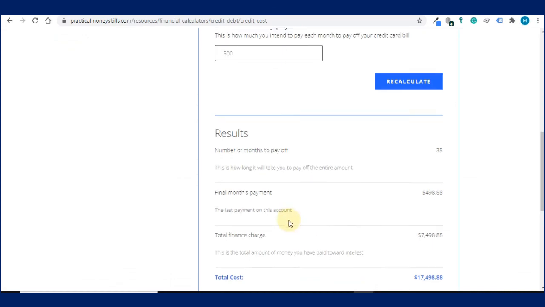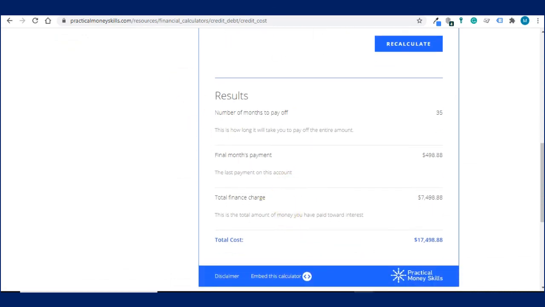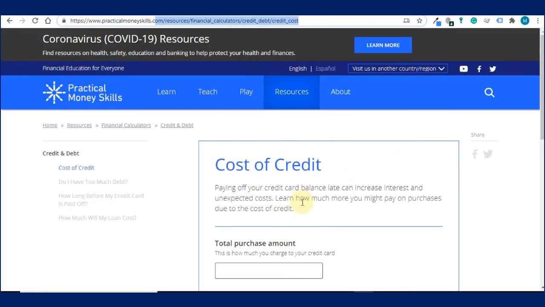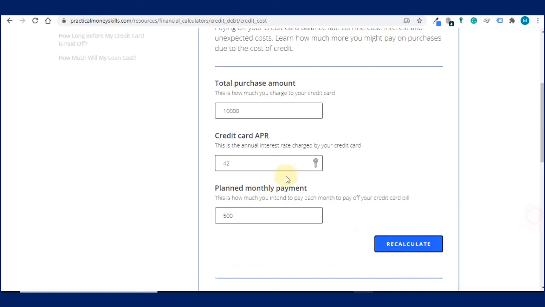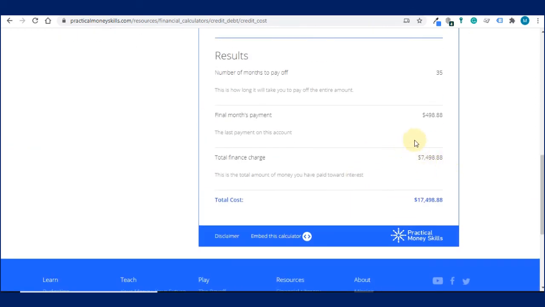What else? And then let me try this one. 10,000, 42, 500. And then here, your final month's payment, that's also the same as what we had earlier.